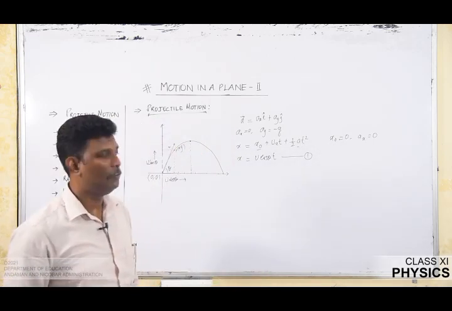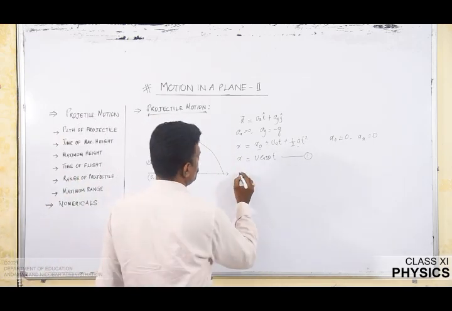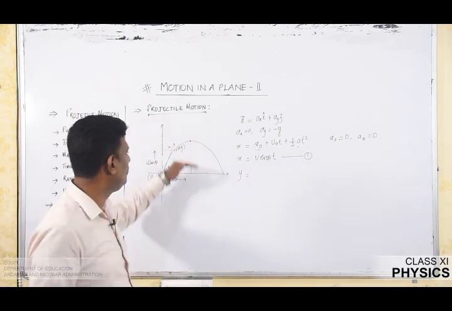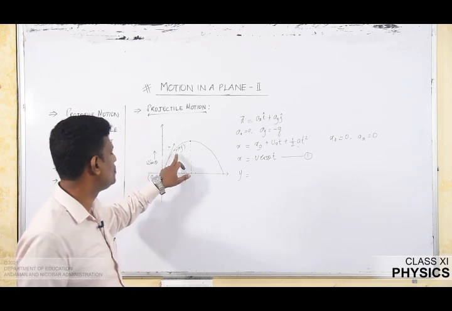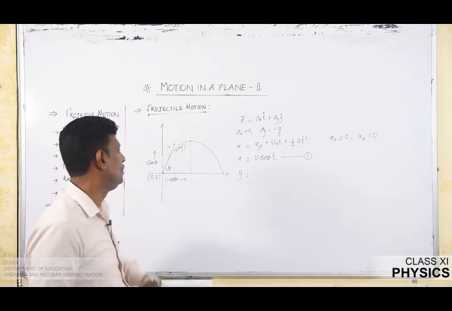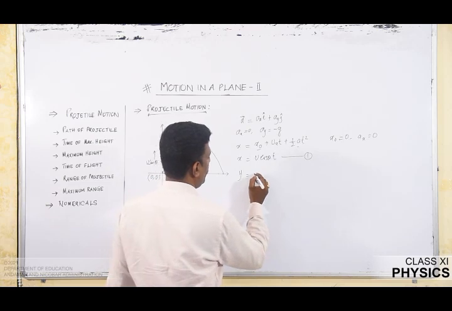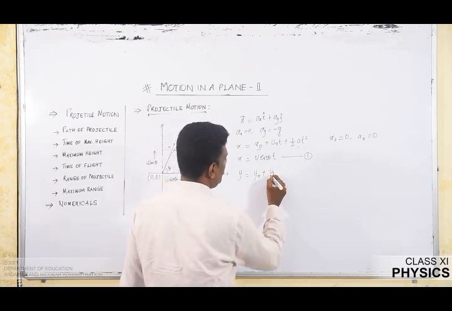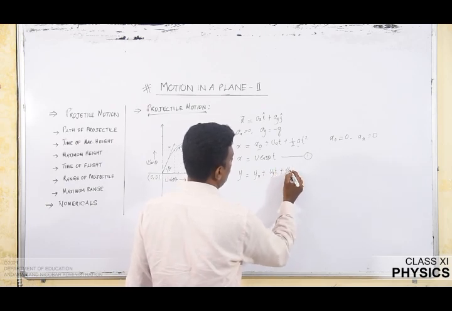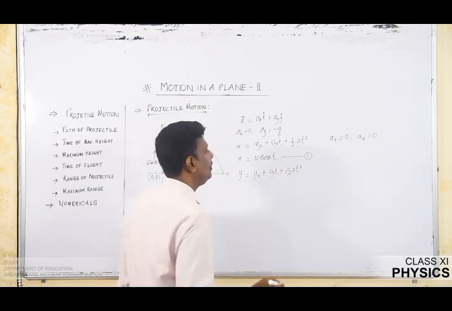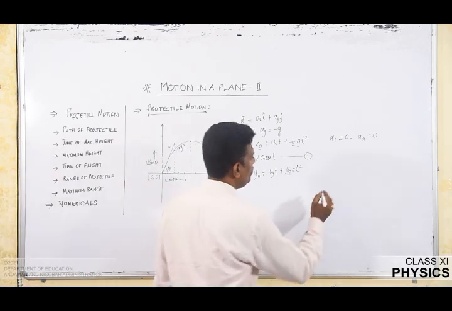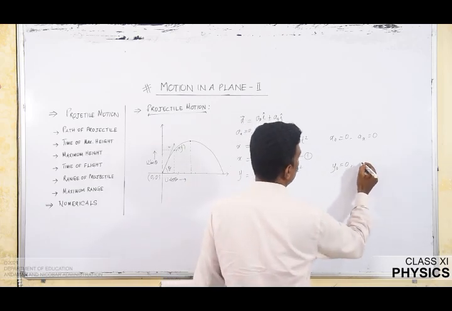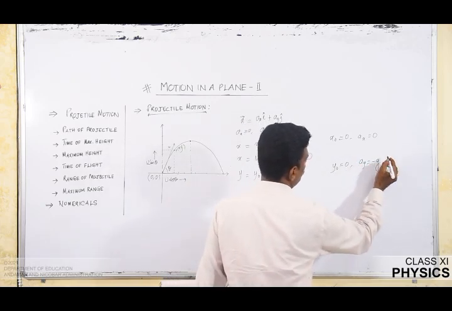Similarly, we can go for the y axis also. So y is the position of the object with respect to the y axis, as we have considered here P of x comma y. So y is equal to y naught plus uy t plus half a t square. In this case y naught is equal to 0 and ay is equal to minus g.